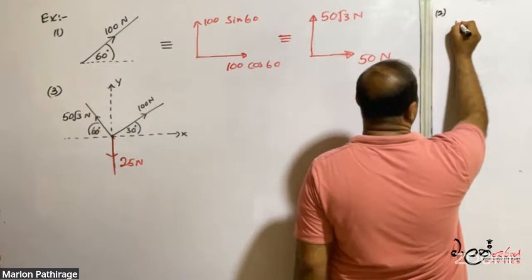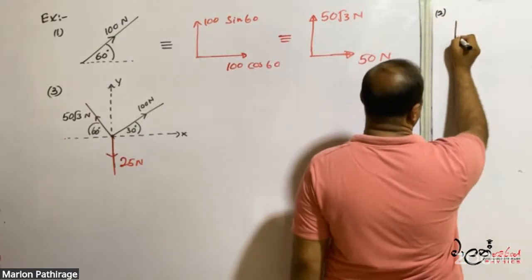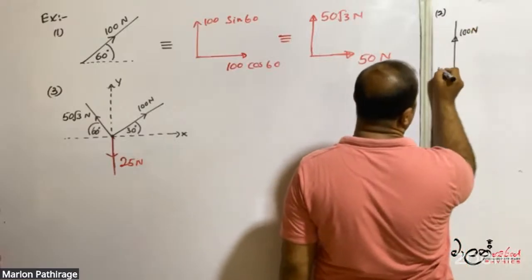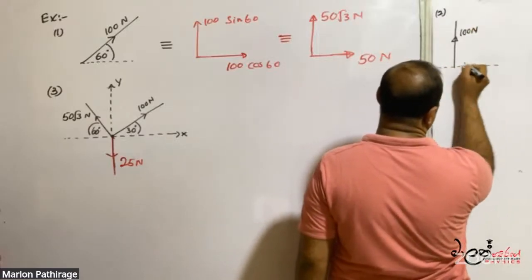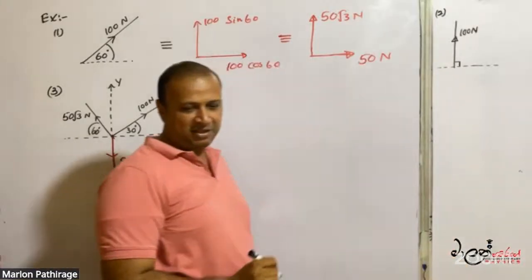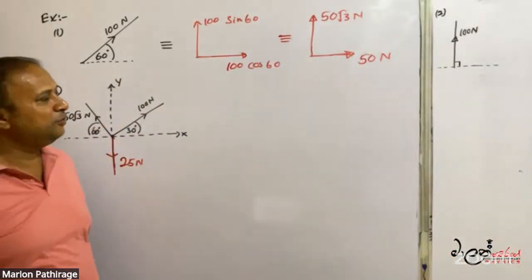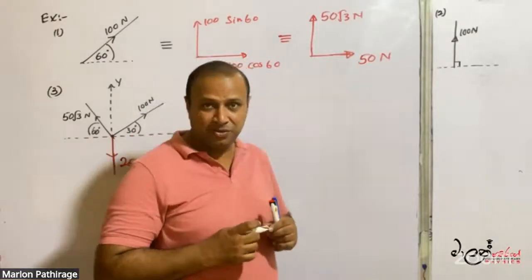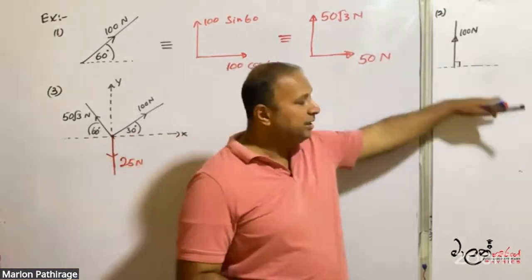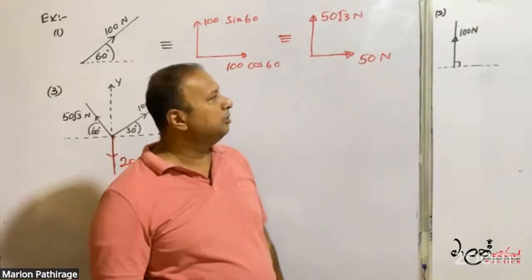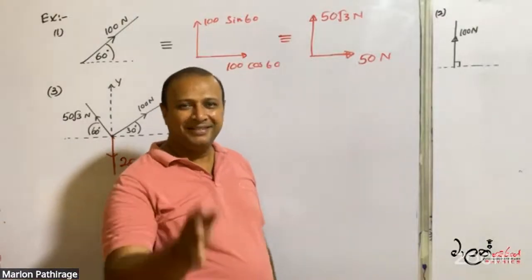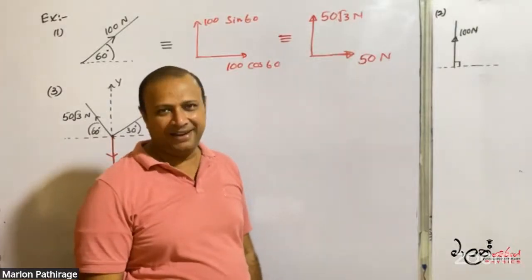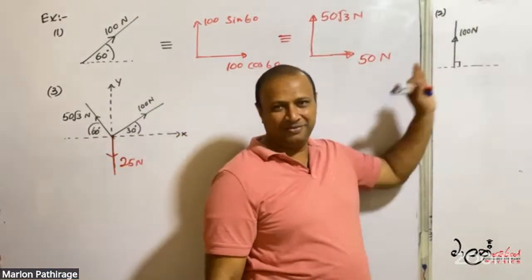Now you are given a vector in the vertical direction, and you are asked to resolve this vector at a 90-degree angle. This is horizontal.